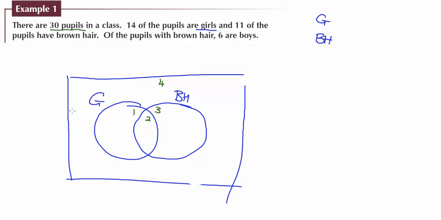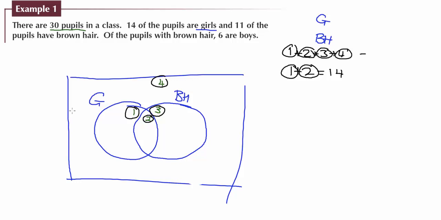So when you're doing Venn diagrams, you've usually got to start with the one which overlaps. Let me show you how. We know that 1 plus 2 has to equal 14. And we know that 1 plus 2 plus 3 plus 4, if I can circle these, I should have done A, B, C, D, but you get my point, right? All of the sections have to add up to 30.